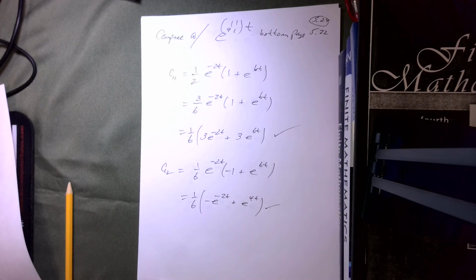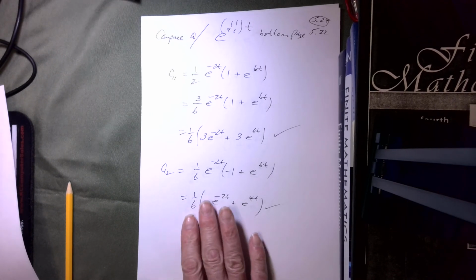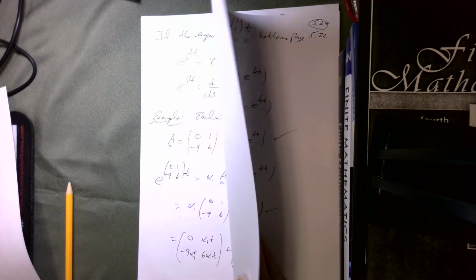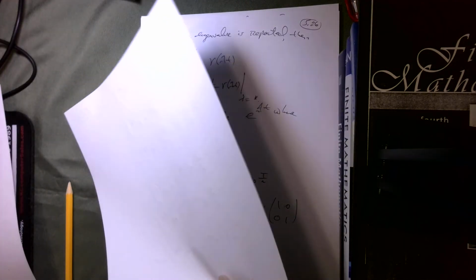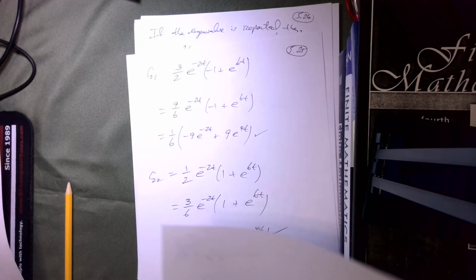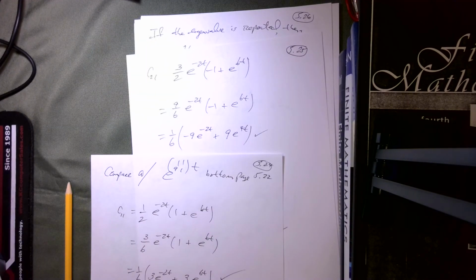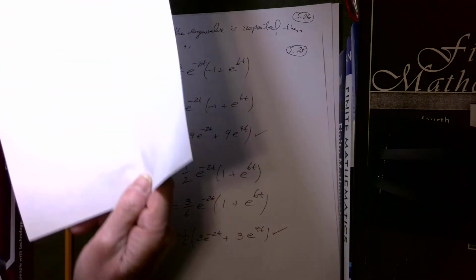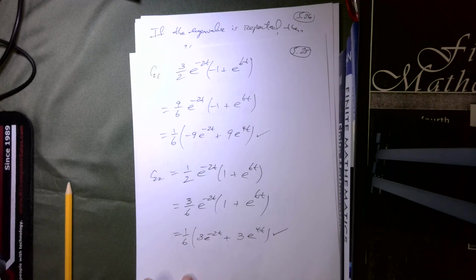Okay, so you could check that. So I checked that, C11, C12, C21. So you can go through checking that. That's just some busy work.